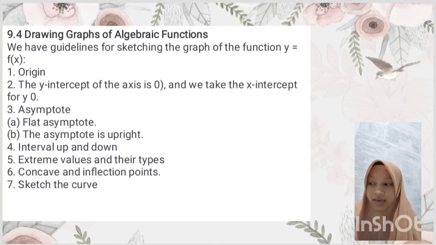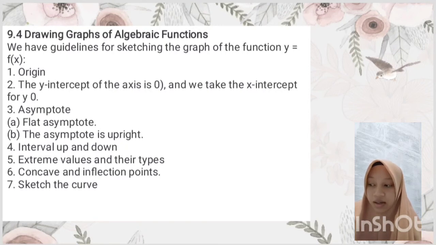9.4. Drawing graphs of algebraic functions. We have guidelines for sketching the graph of the function y is equal to f(x). 1. Domain. 2. Intercepts. The y-intercept is where x is 0, and we take the x-intercept where y is 0. 3.